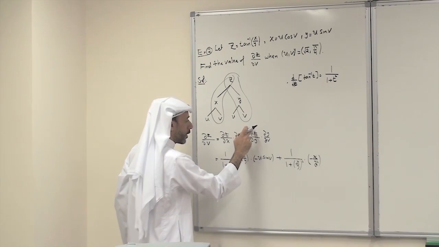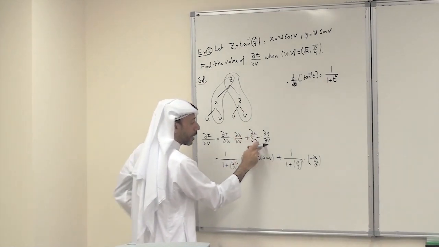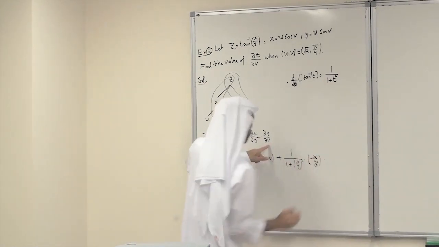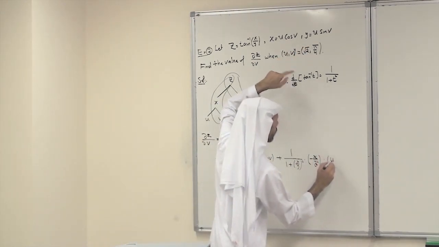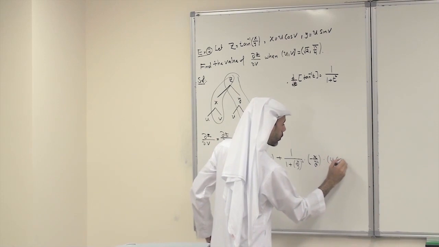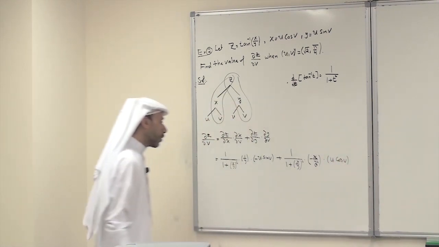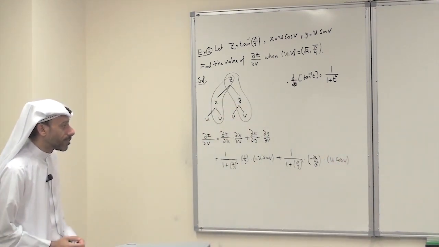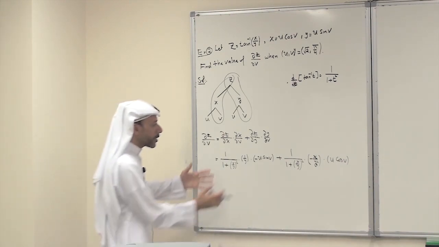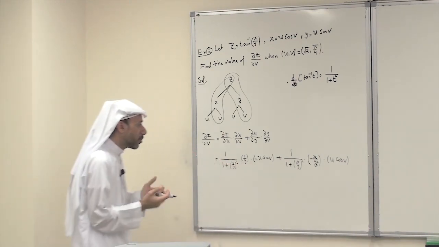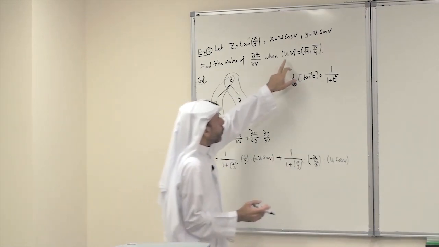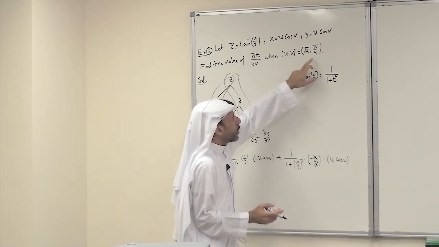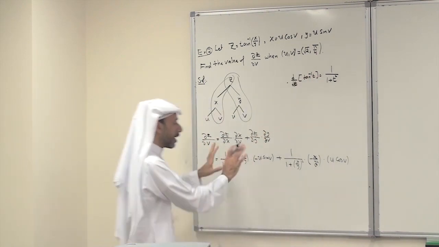This is the partial derivative of Z with respect to Y, times the partial derivative of Y with respect to V, which is U cosine V, since the derivative of sine V is cosine V. So this is the formula. There is no need to simplify, because I need the value of this expression when U equals root 2 and V is pi over 4, so I can leave it like this.